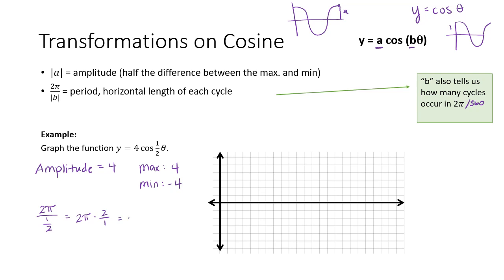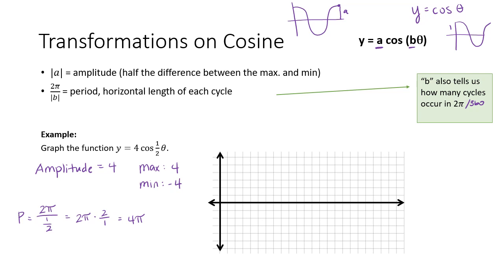So that will simplify to 4 pi. I'll write that that's equal to P, or period. This tells me that one cycle is going to be completed in 4 pi. So it's actually going to be kind of stretched out compared to our parent function.